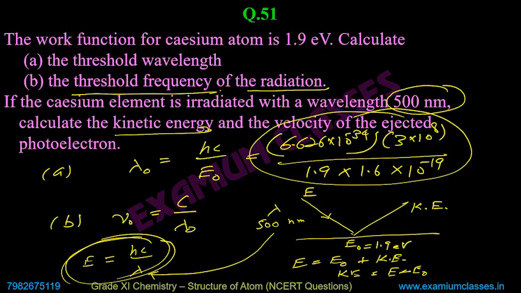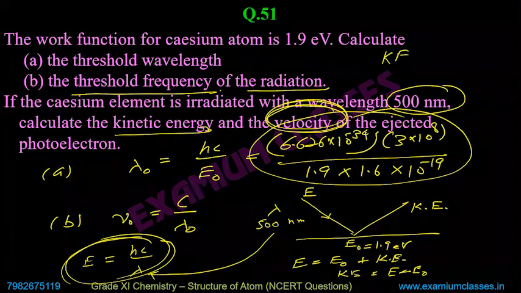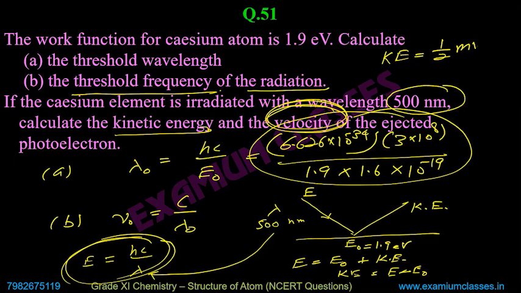All units in joules, then you will get the correct answer. Or all units in electron volts, you will get the correct answer. Now, once you get the kinetic energy, you can calculate the velocity. Kinetic energy equals half mv square. So all parts are done.